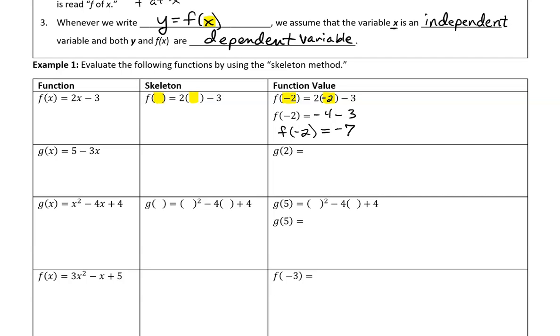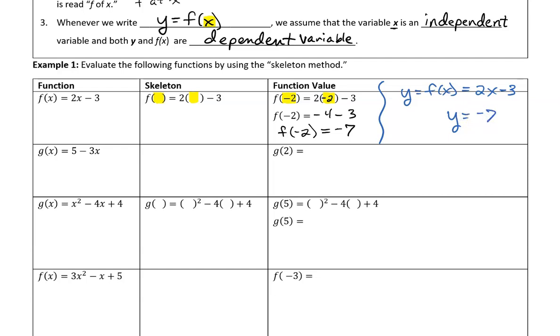That's our function value. So let's think about why this is different and why we do this and why it's important. Well, we said previously that the y is the same thing as f of x. So if I write this back in terms of x, f of x is equal to 2x minus 3, but I want to only think about it in terms of y, and I simply write, well, y equals negative 7.